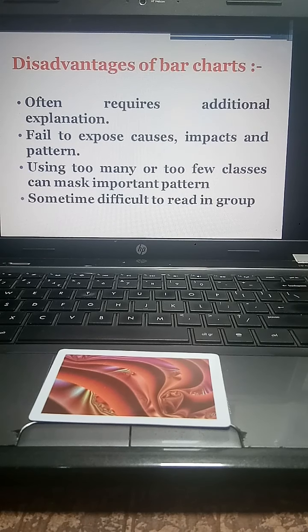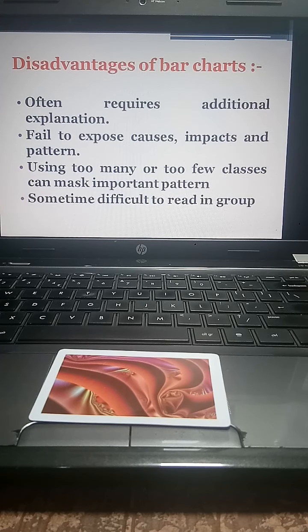And regarding the disadvantages of the bar graph, it often requires additional explanation. Sometimes the information provided by the pictures is not sufficient. We need to explain more regarding that. Then it fails to expose better the causes, impact or the pattern, it is just showing the comparison.